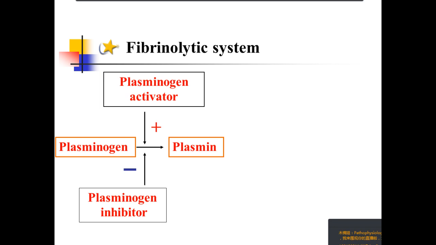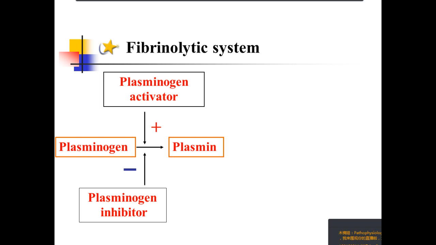The fibrinolytic system includes four parts: plasminogen activator, plasminogen, plasmin, and plasminogen inhibitor. Plasminogen activator can stimulate plasminogen to form plasmin. The inhibitor inhibits plasminogen from forming plasmin. Understand?